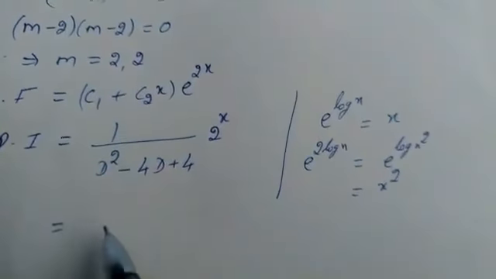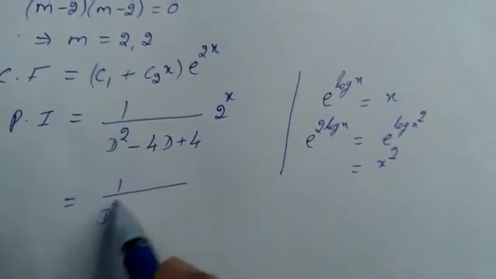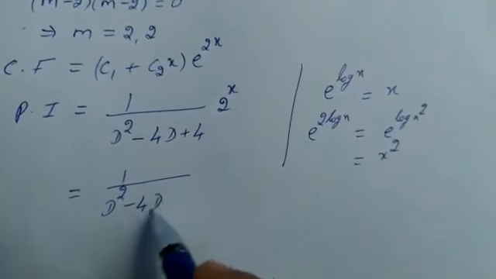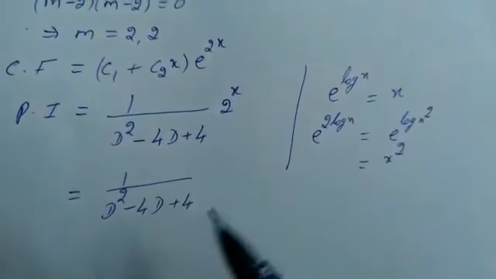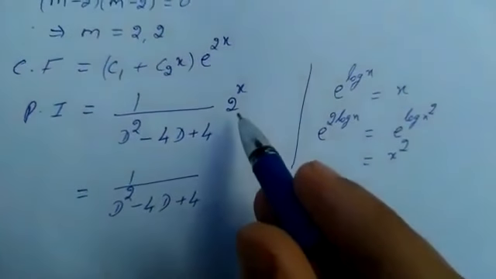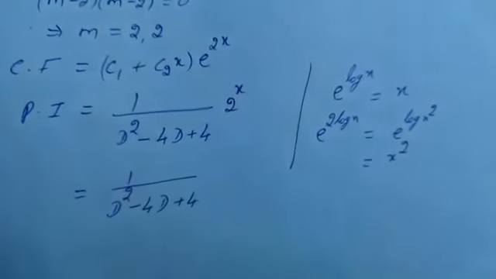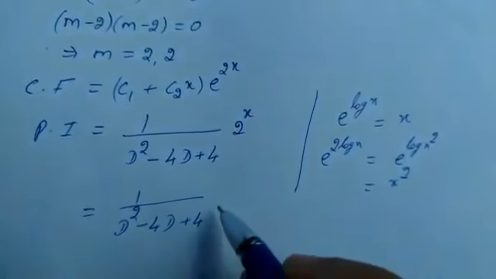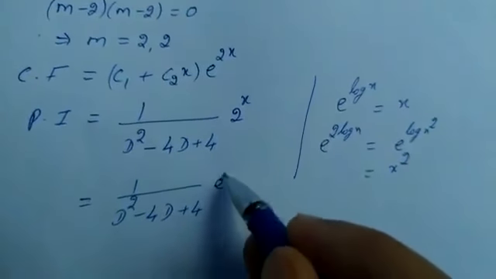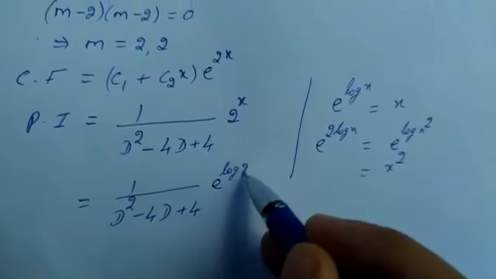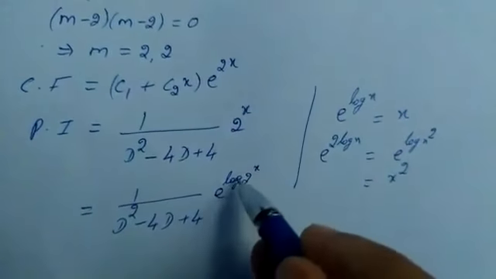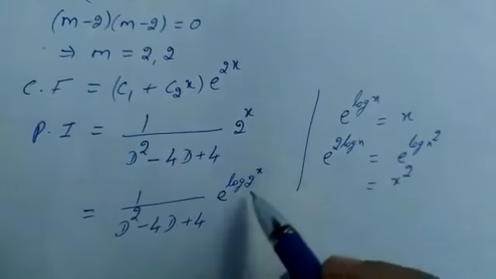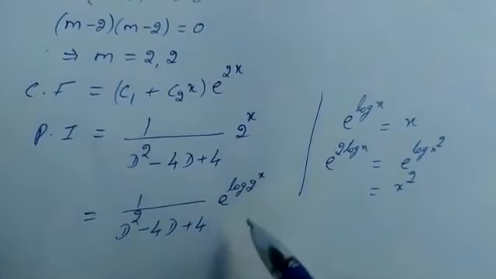That is 1 by (D square minus 4D plus 4) into 2 raised to x. For this 2 raised to x, we can give e raised to log 2 raised to x. That is, e and log we can cancel, and again we will get simply 2 raised to x.